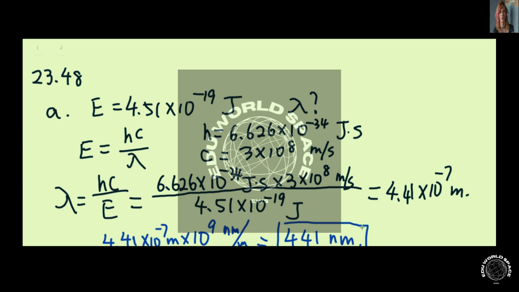Alright, now look at question B. If this is the only place in the visible spectrum where the complex absorbs light, what color would you expect the complex to be?